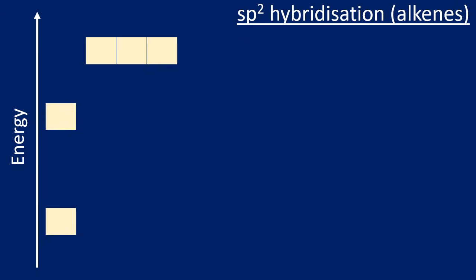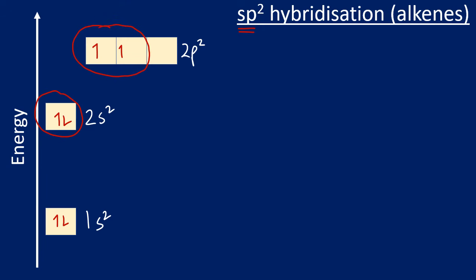Let's look at the sp2 hybridization then. So again, 1s2, 2s2, 2p2, we'd have the same electron configuration for carbon. This time though, the sp2 hybridization involves this one s orbital, and it only contains 2 of these p orbitals.